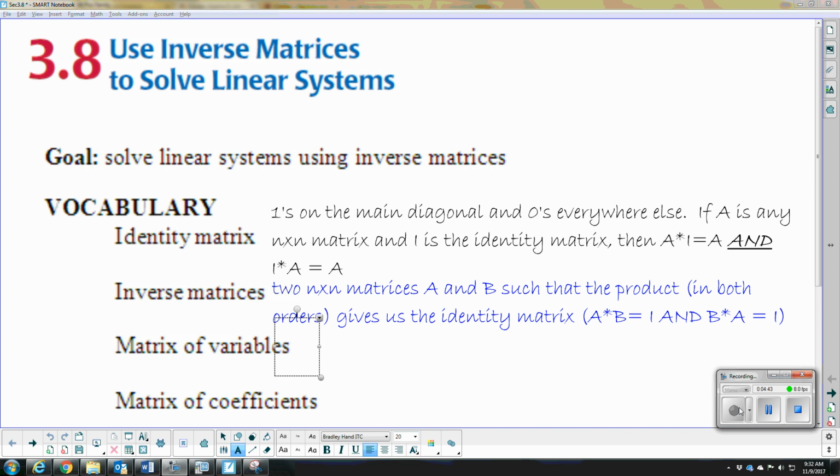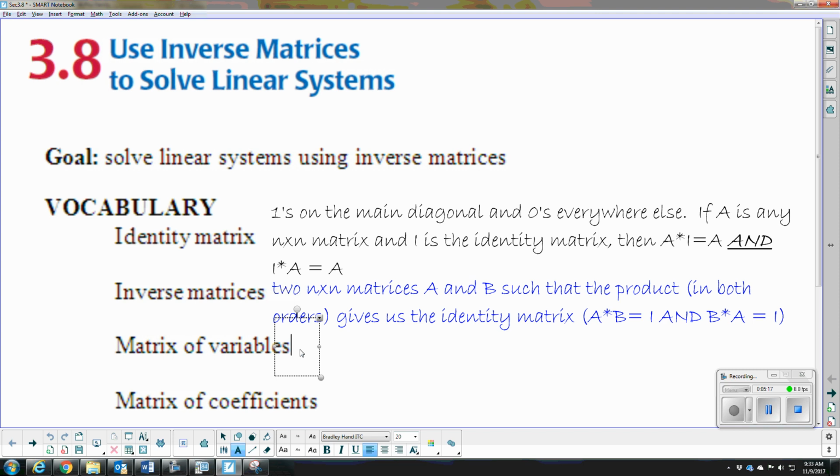All right, this next term, matrix of variables. So if you remember, in a linear system, we would have 3x plus 2y equals 5, and then negative 2x plus 4y equals 7. So our variables are x and y. So a matrix of variables is just going to be one column, and then the rows are however many variables you have.